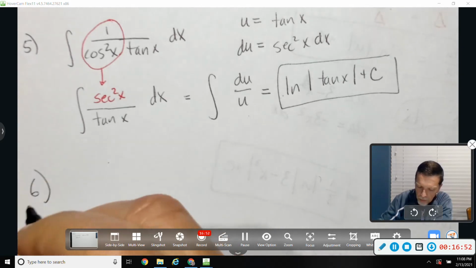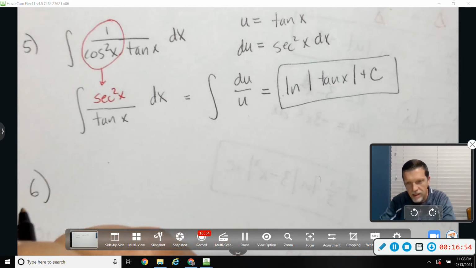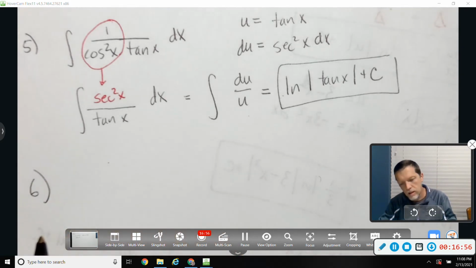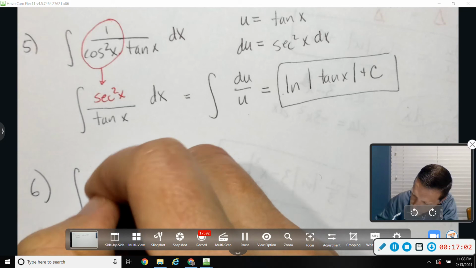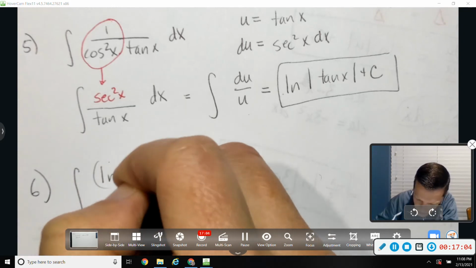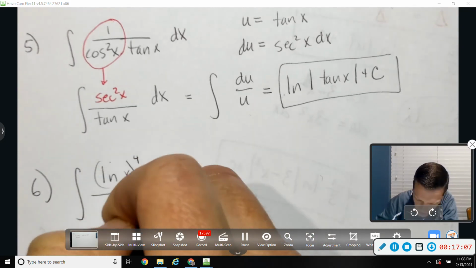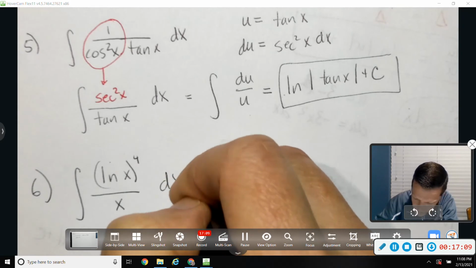Two more examples, almost there. Integral of natural log of x to the 4th over x dx.